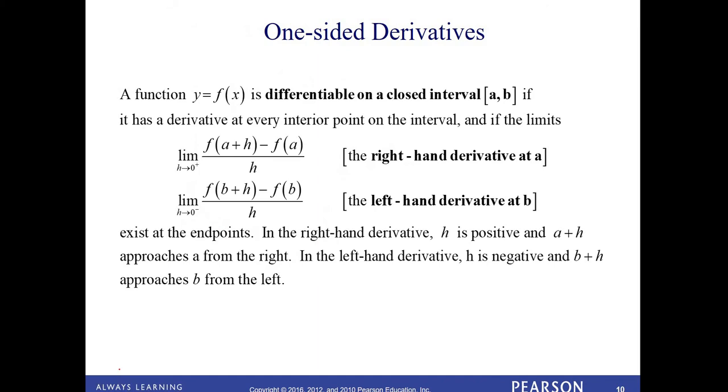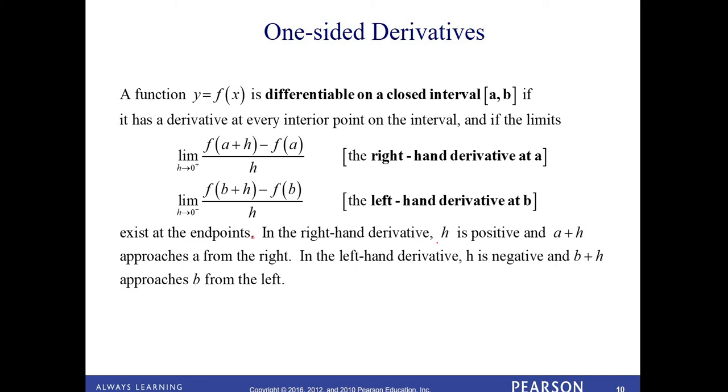All right, one-sided derivatives, like one-sided limits. A function y equals f of x is differentiable on a closed interval [a, b] if it has a derivative at every interior point in the interval, and if the limits as h approaches 0 from the right and as h approaches 0 from the left, the right-handed derivative and left-handed derivative, exist at the endpoints.